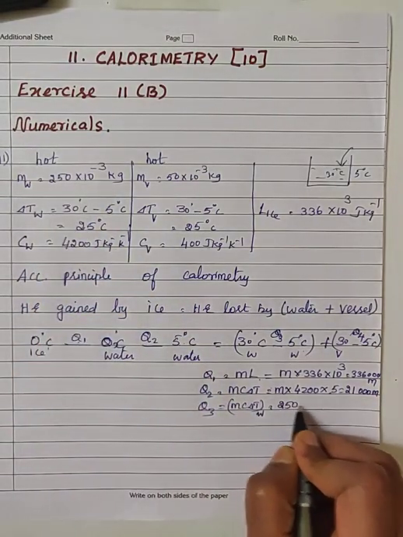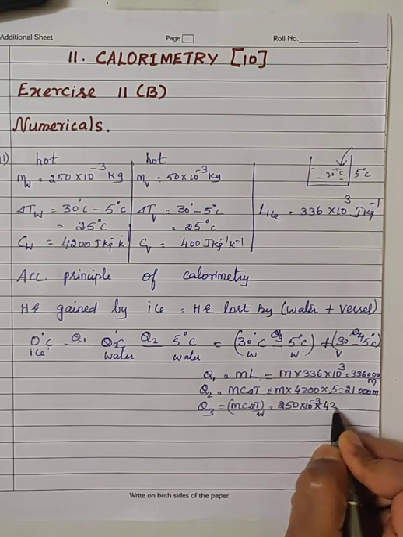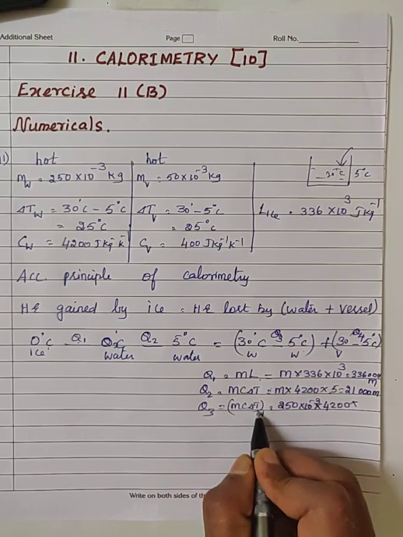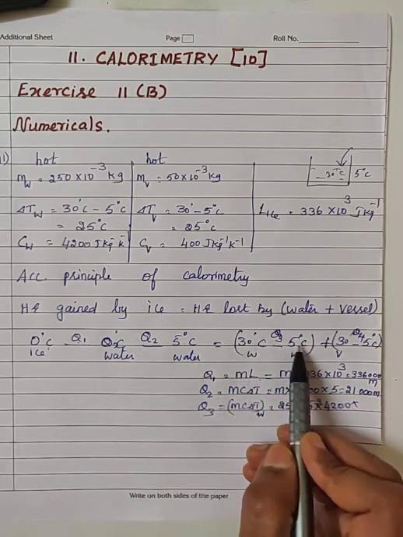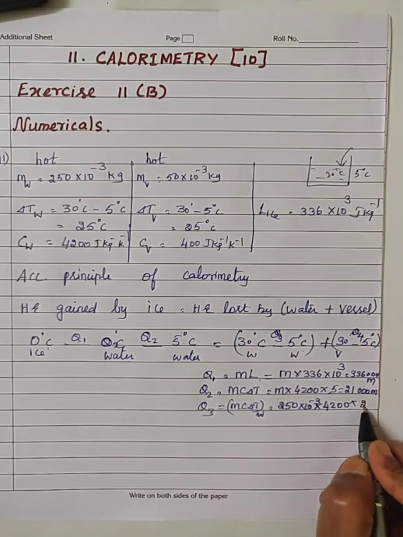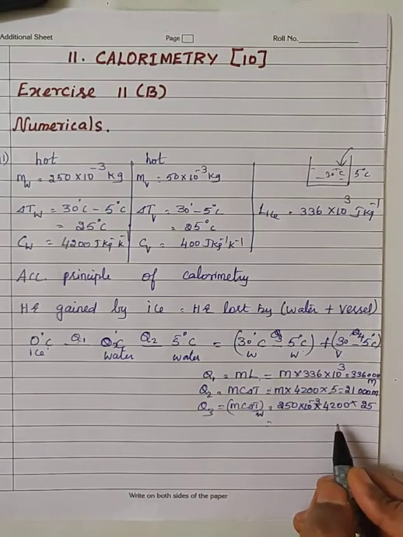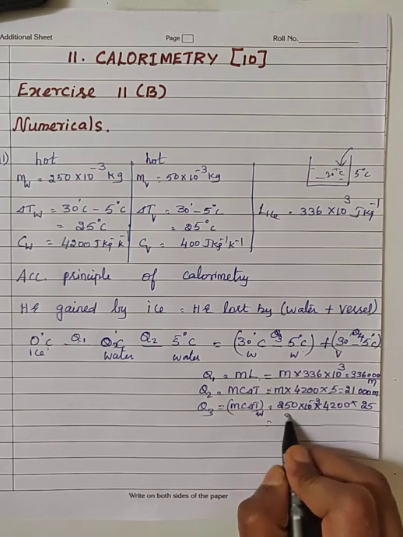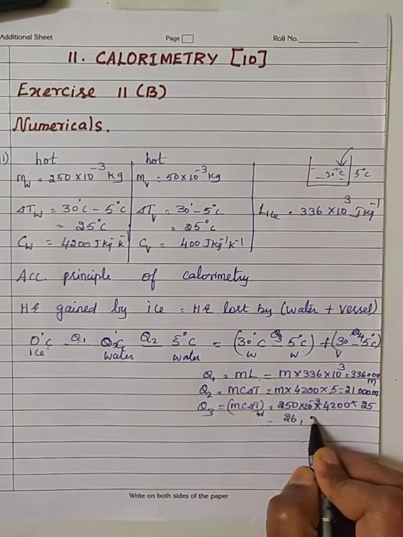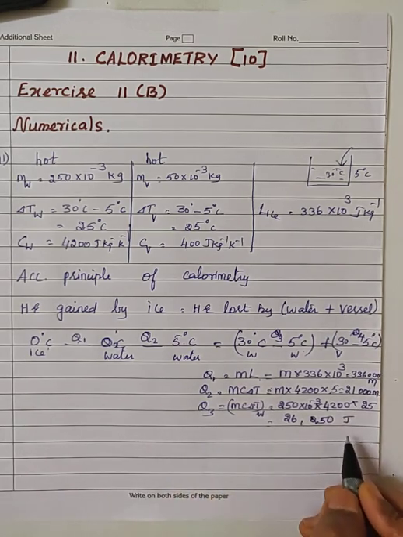Specific heat capacity of water is 4200. Delta T, go to the equation, 30 minus 5. That is change in temperature of water is 25 degrees Celsius. Write it as 25. So on multiplication of mc delta T of water, we will be getting 26,250 joule, because quantity of heat energy, SI unit is joule.